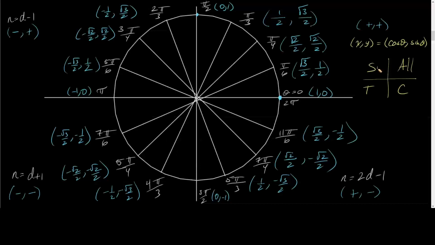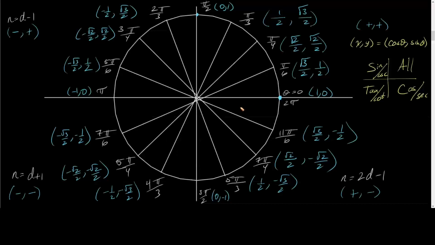In the second quadrant, sine is positive, but also its reciprocal, cosecant. In the third quadrant, tangent is positive, but also its reciprocal, cotangent. And in the fourth quadrant, cosine is positive, but also its reciprocal, secant. So that tells us how to keep in mind which trig functions are going to be positive or negative in which quadrants.